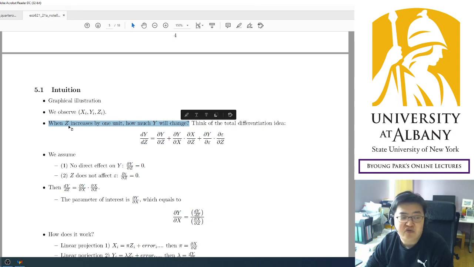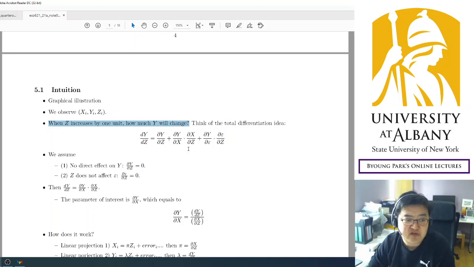When Z, the new variable, increases by 1 unit, how much will Y change? Using the total differentiation notation from calculus, when Z changes by a little, Y changes this much.